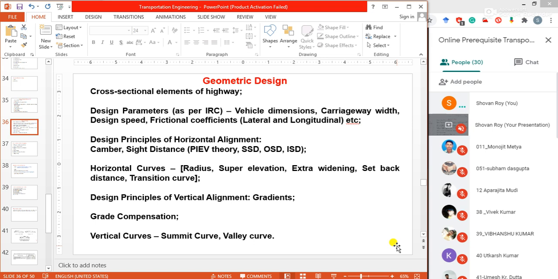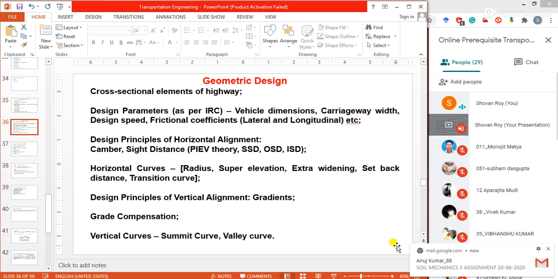So the geometrics of highway should be designed to provide optimum efficiency in traffic operations with maximum safety at reasonable cost. The designer may be exposed to either planning of a new highway network or improvement of existing highways to meet the requirements of the existing and anticipated traffic.